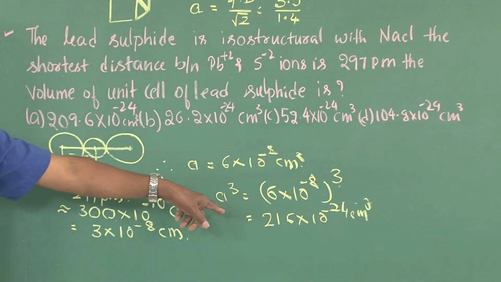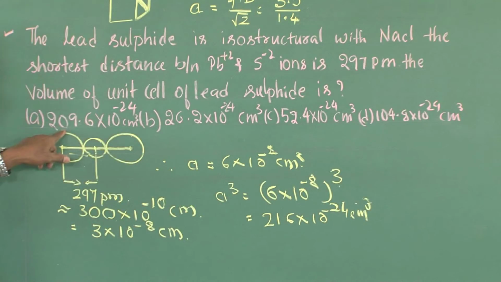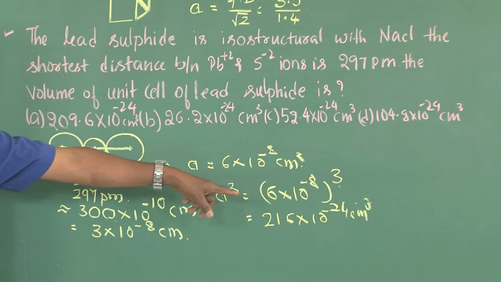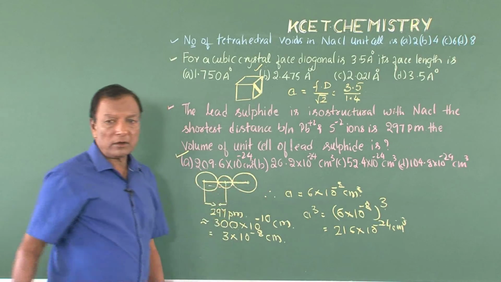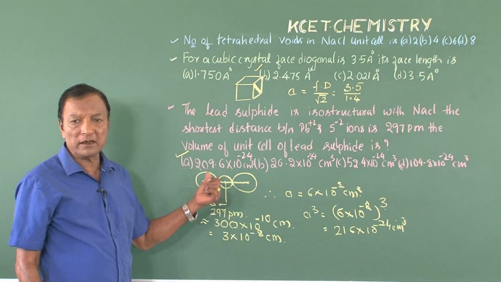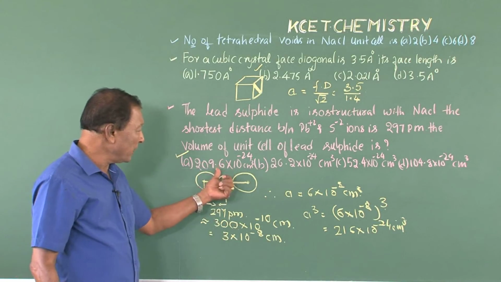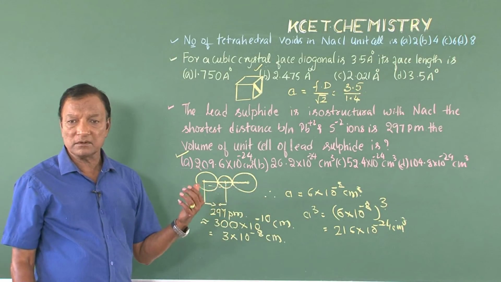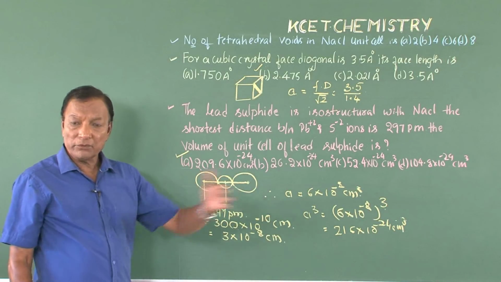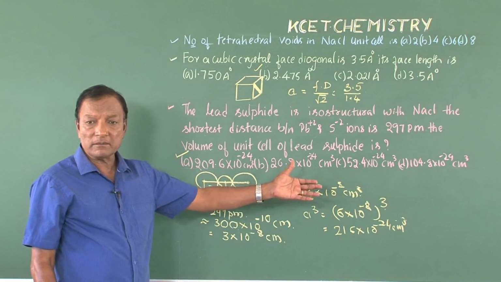The closest to 216 is number 1, 209.6 into 10 raised to minus 24 centimeter cube. Therefore, I go for option A, 209.6 into 10 raised to minus 24 centimeter cube. That way, see here how these are working out.